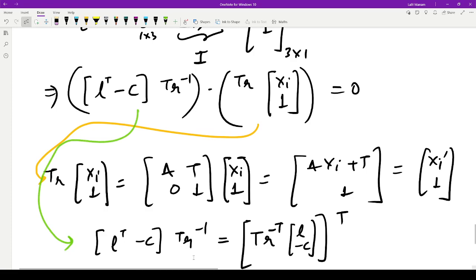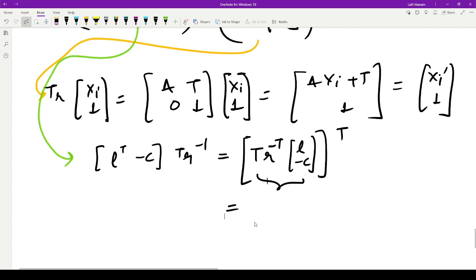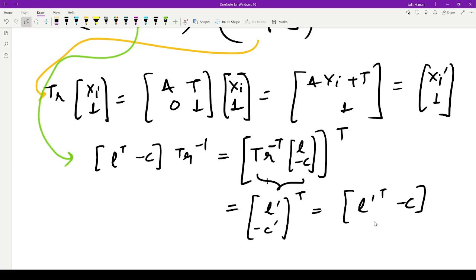Okay, so what is this actually? So this is some L prime, C prime, right? L prime C prime transpose, which is L prime transpose minus C. Do you agree with this?